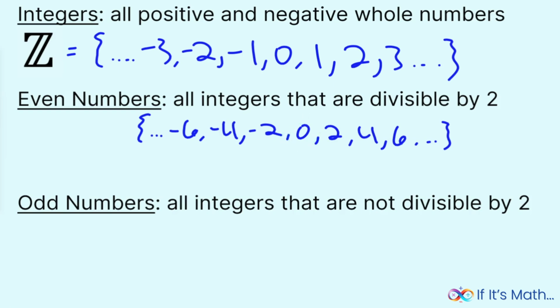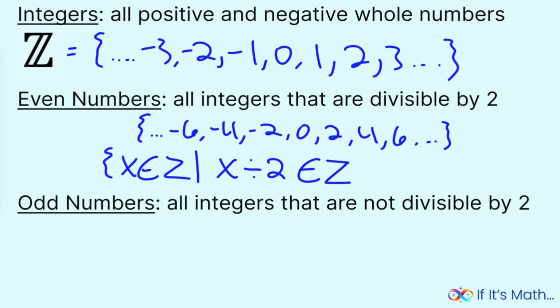But if we think about how to write that in set notation, we want the set of all numbers x that are integers. So that's a shorthand for how you can do that. So set of all x that are elements of Z, which means all integers, such that when you divide that x by 2, the answer is also an integer.